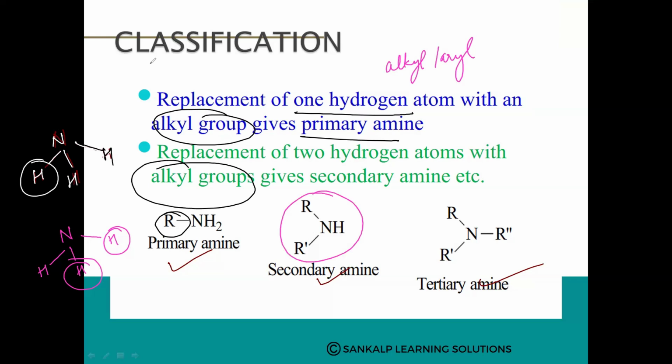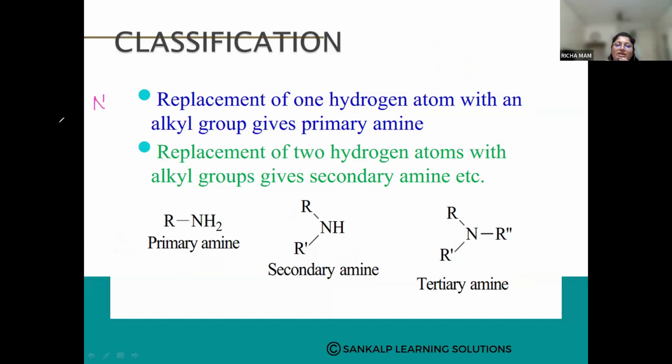I'll repeat it once again. We are discussing the classification of amines. Amines are classified as primary amine, secondary amine, and tertiary amine. So what do you mean by primary amine? In a primary amine, when you see the structure of ammonia, one of the hydrogen atoms is replaced by an alkyl or an aryl group.